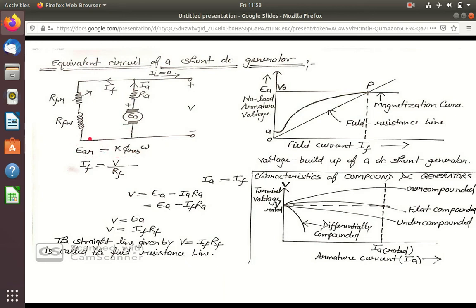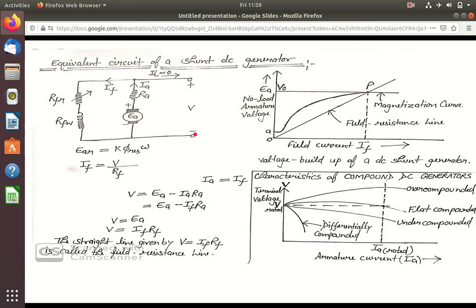Here you can see IL is equal to 0. IL equal to 0 means we are saying the generator will build up a desired terminal voltage. Assume that no load is connected to it. If there is no load, that means IL is equal to 0, or the terminals are open circuited.